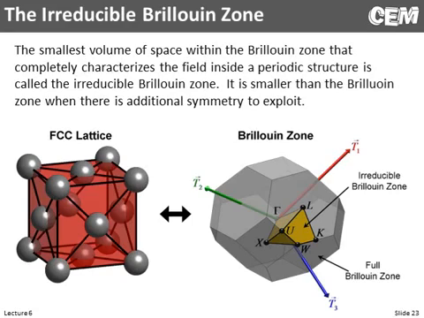Not the full Brillouin zone, which is the full primitive unit cell in reciprocal space, but we can potentially exploit additional symmetry and whittle it down to what's called the irreducible Brillouin zone. That is the smallest volume of space in the Brillouin zone that still fully characterizes the lattice. Now, if your unit cell is very crazy and there is no symmetry, then the irreducible Brillouin zone and the Brillouin zone are the same thing.